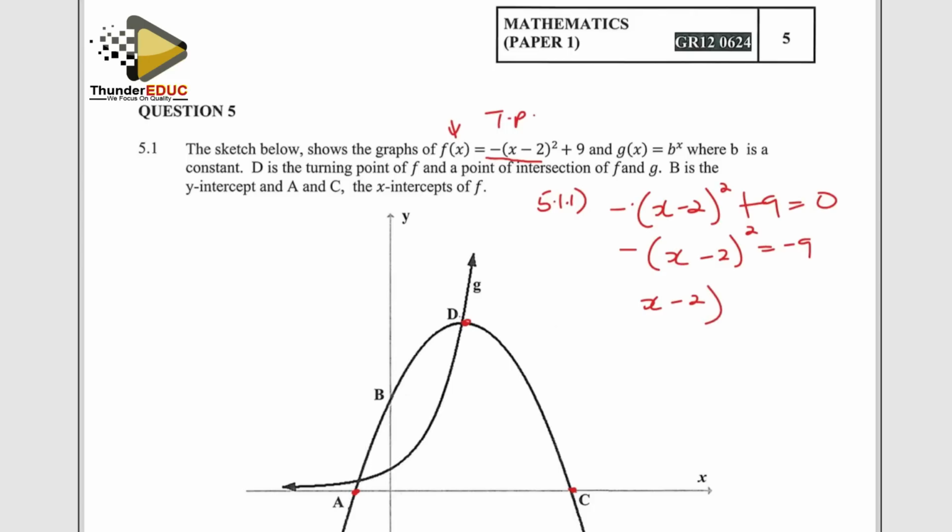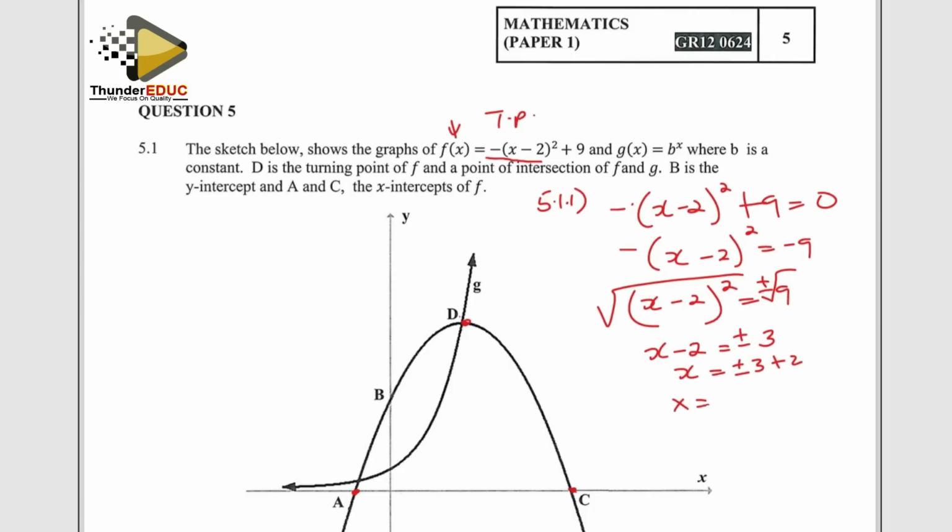(x minus 2) squared is equal to positive 9. Then I can find the square root. So pay attention to this. When using this method, do not forget that the square root must give you two answers, positive and negative. So if I move the 2, it's going to be x is plus minus 3 plus 2.